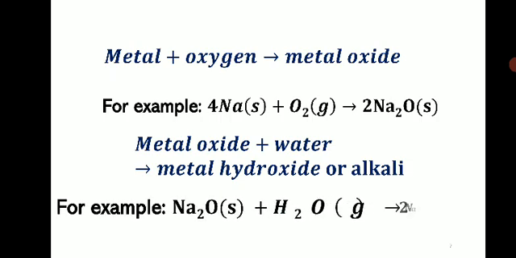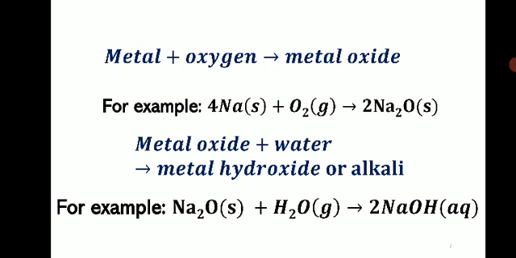This sodium oxide, when it combines with water, gives sodium hydroxide. Na2O plus H2O is equal to 2NaOH. We know that on exposure to air, sodium readily catches fire. Therefore, to prevent accidents in the laboratory or elsewhere, it is kept in kerosene.